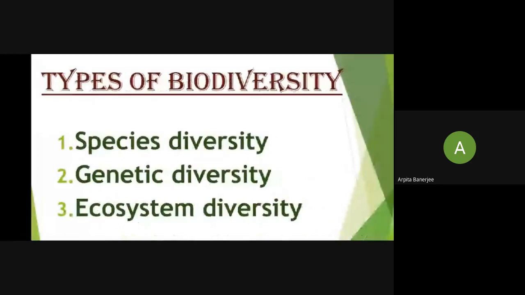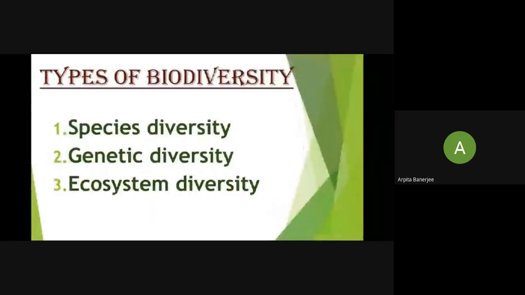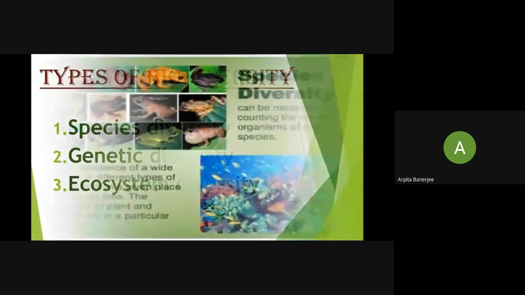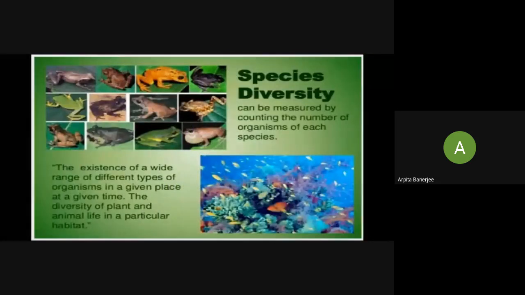Species diversity. The term species is based on hierarchical taxonomy. It denotes the taxonomic position as the unit, or we may say it represents a taxon of the systematic position. So what is species diversity?